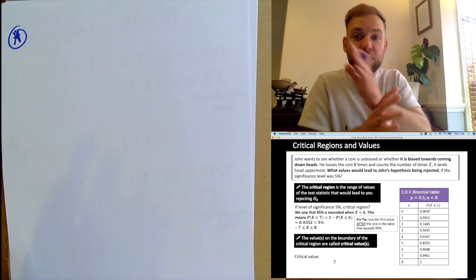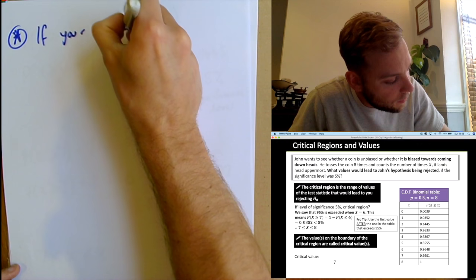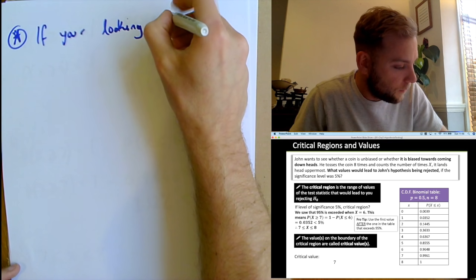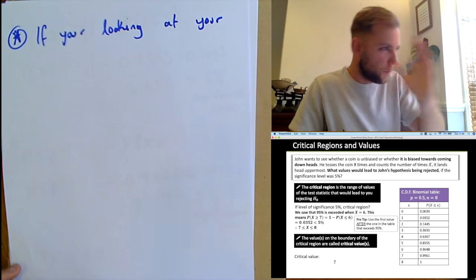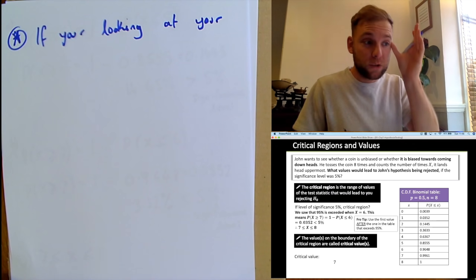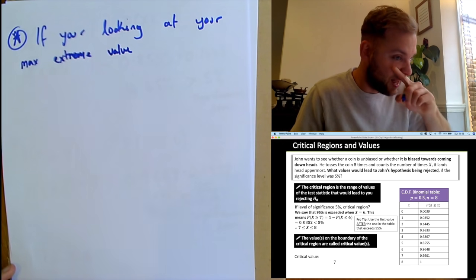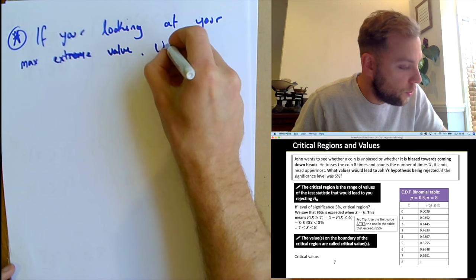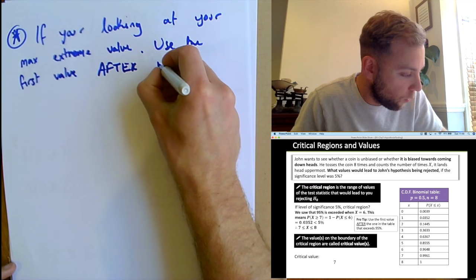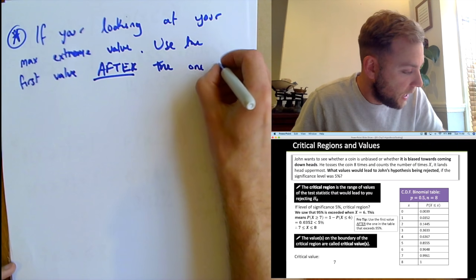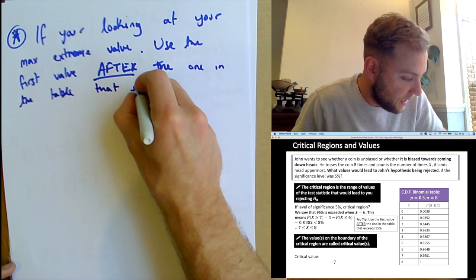That is really important. If you're looking at the top end, so if you're looking at your maximum extreme values, so anything which is greater than, then we use this tip here, which says use the first value after the one in the table that exceeds.